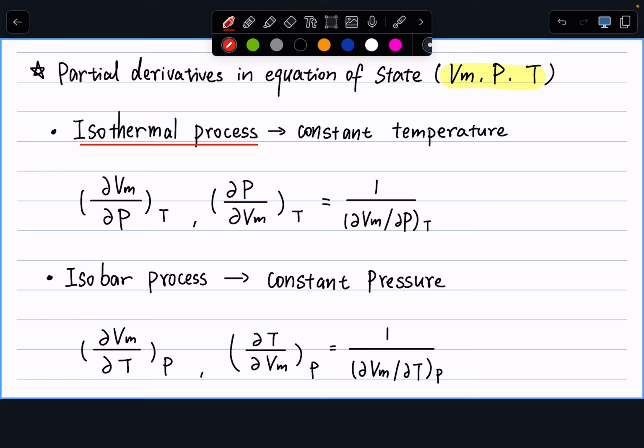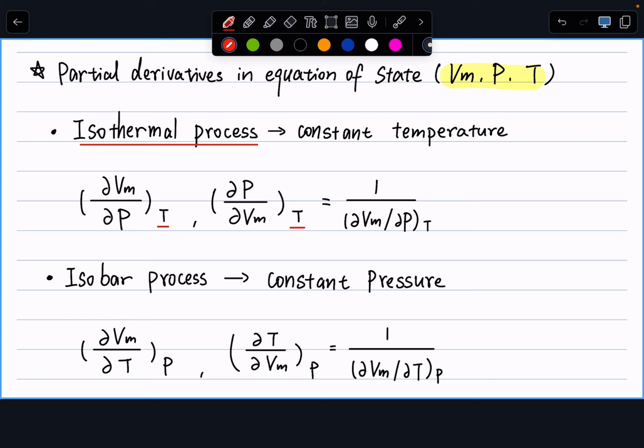Judging by its name, whenever we say a process is isothermal, we're keeping the temperature constant. In partial derivative terms, we have the partial derivative of molar volume over pressure at constant temperature, or the partial derivative of pressure over molar volume at constant temperature.